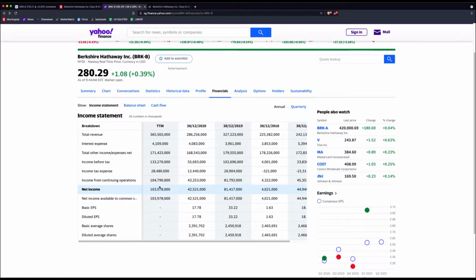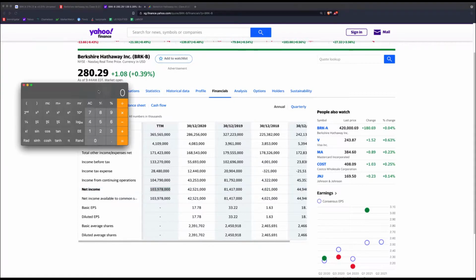We can calculate the net income margin. The net margin figure that I usually use is 10. Basically, all we have to do is take the net income figure divided by the revenue. So net margin, the formula is just the percentage of the net income from revenue. So let's do a quick calculation. Copy this, paste that into the calculator, and you divide by the revenue.